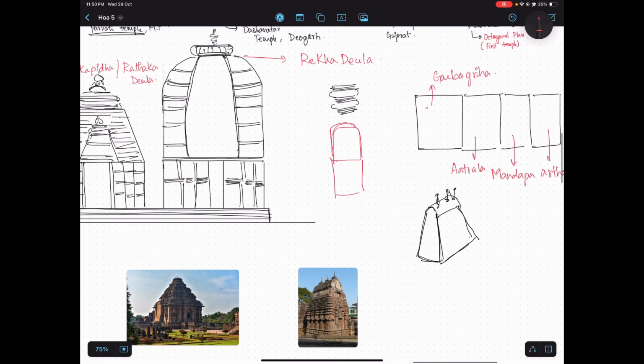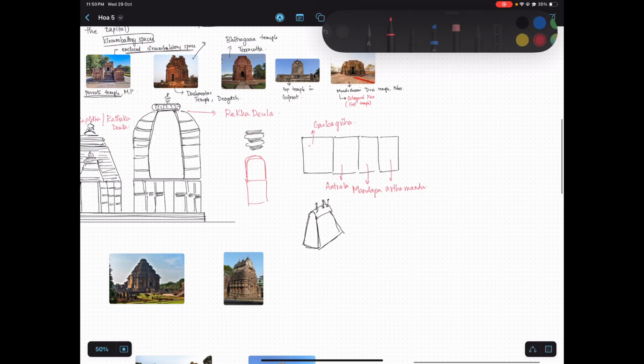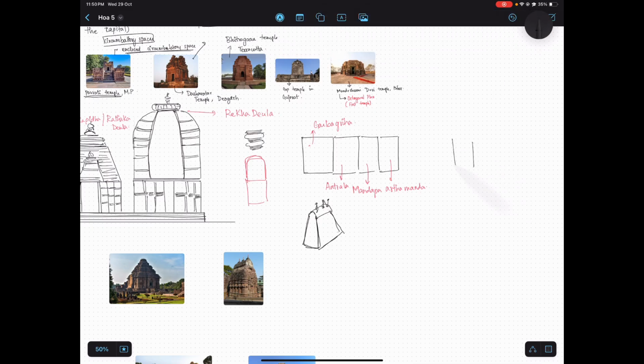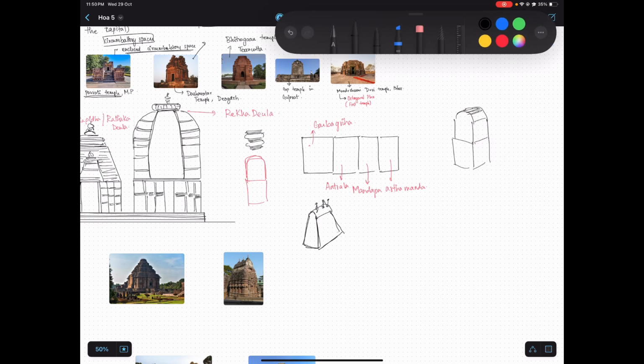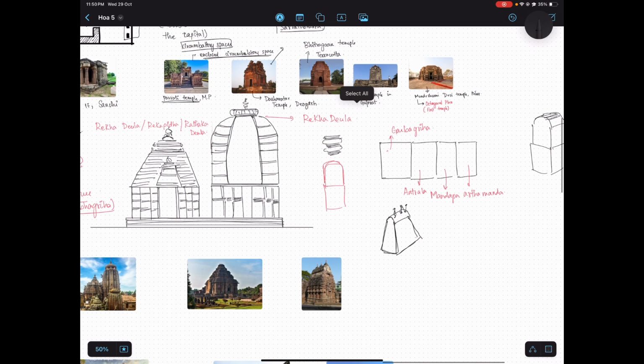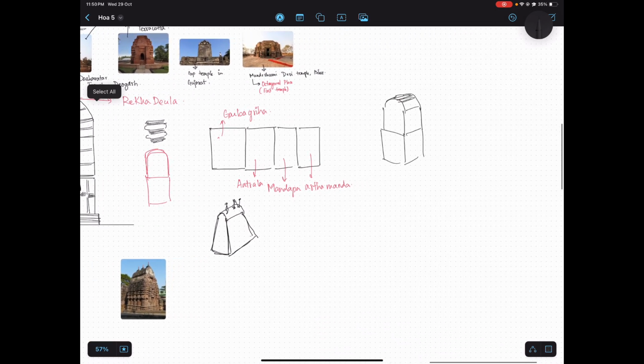For example, you have a square base and the top all goes in a straight line with just the top part alone curving. And if it has a square base but it goes in a pyramidal shape, then this is called Pida Deula.